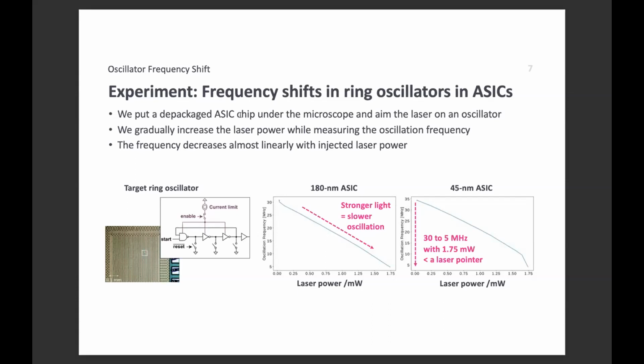Am I understanding correctly? Yes, exactly. I see. So it depends on the size of the target oscillator, and we can compare the size of the circuit with the laser spot size limited by the size of the objective lens.